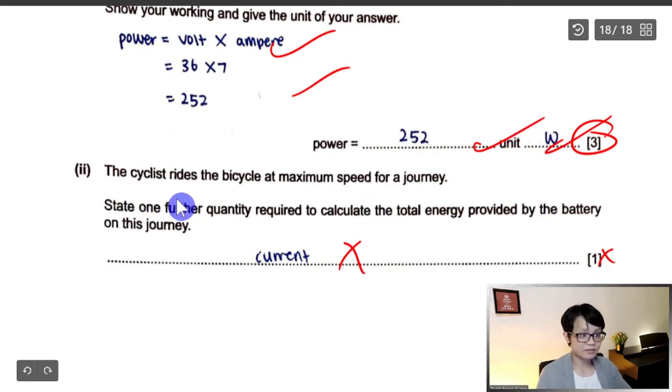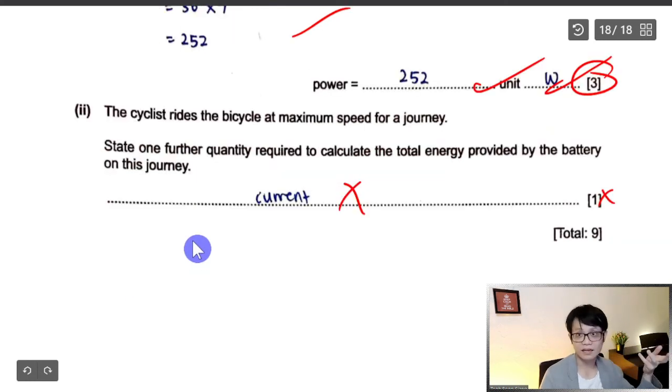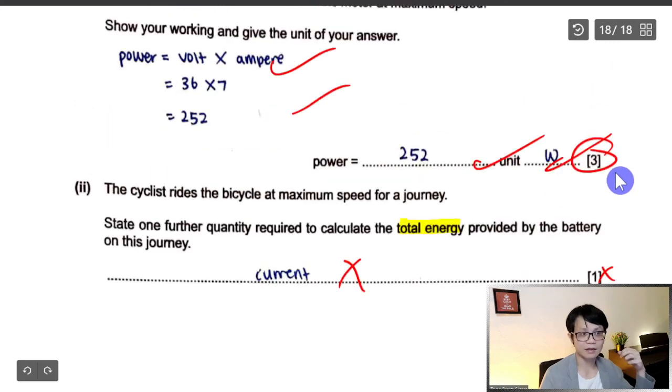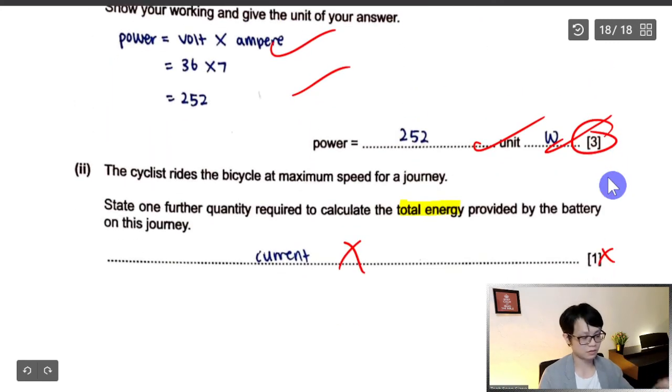The cyclist rides the bicycle at maximum speed for a journey. Of course, you don't really get maximum speed due to energy loss, due to friction and so on. Step 1, further quantity required to calculate the total energy. What other thing will influence the power?